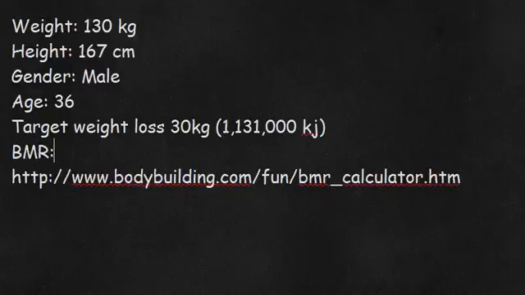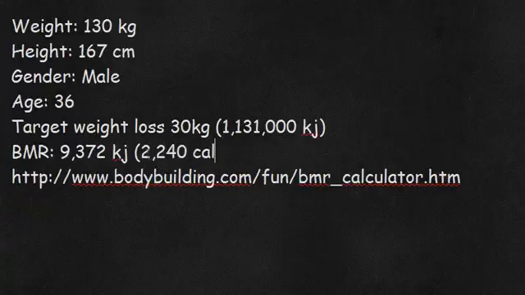Using that site, we find that the BMR is actually 9,372 kilojoules. For those of you who are more used to dealing with calories, this is actually equivalent to 2,240 calories.